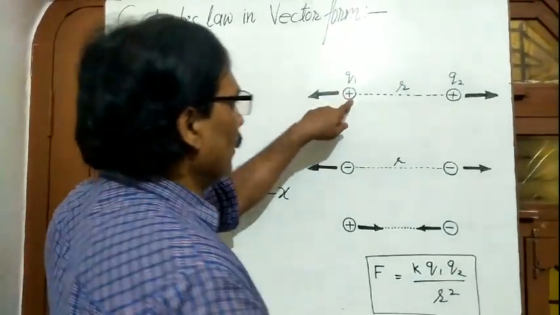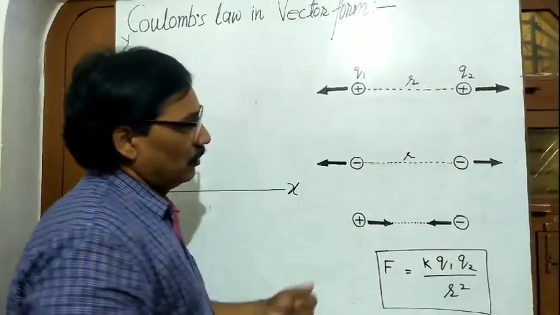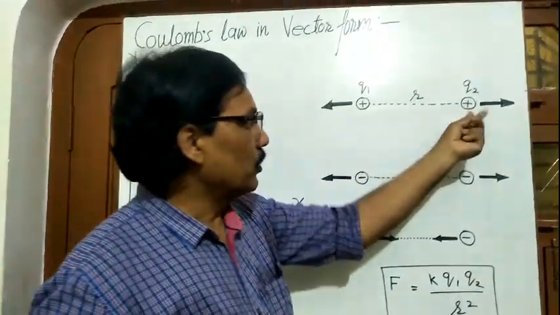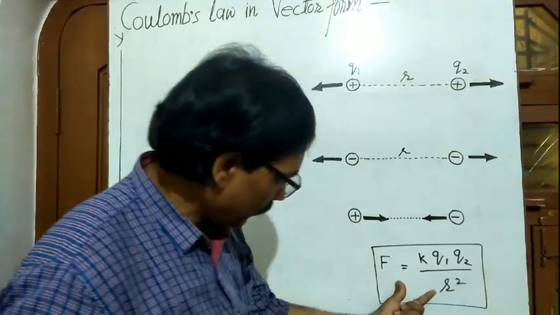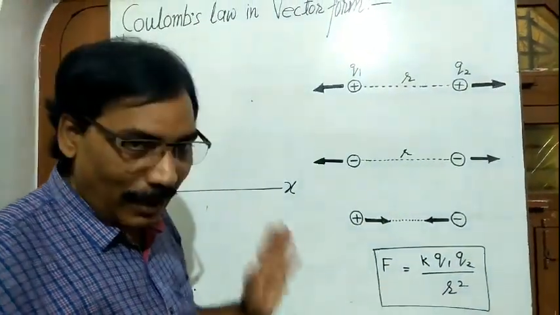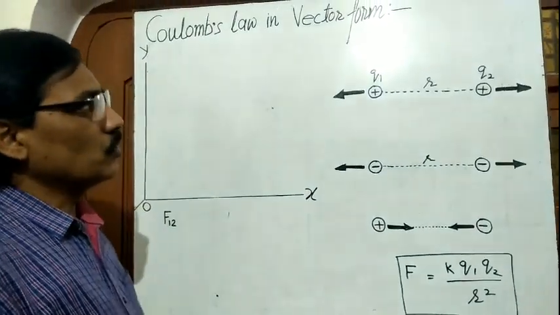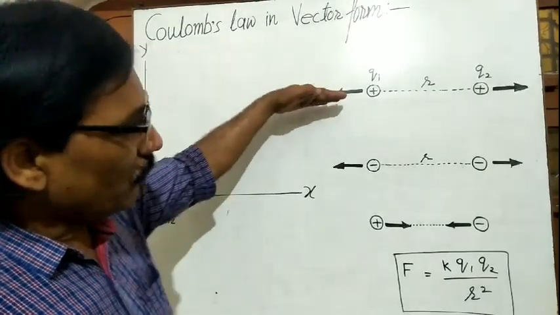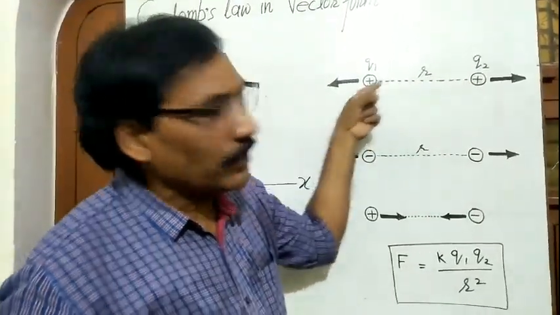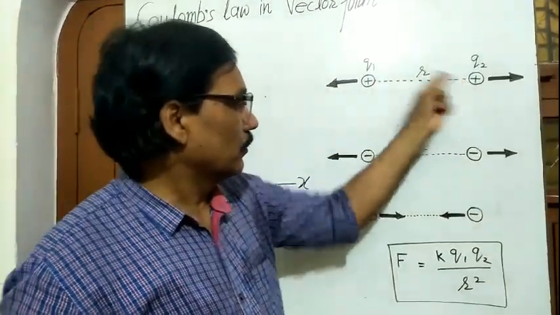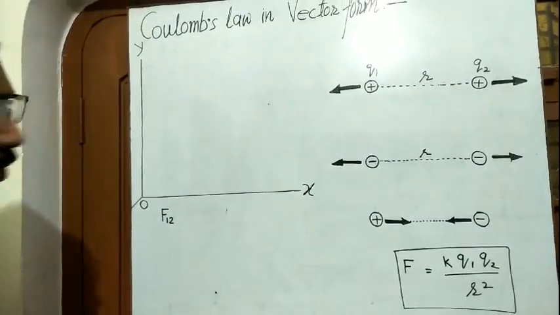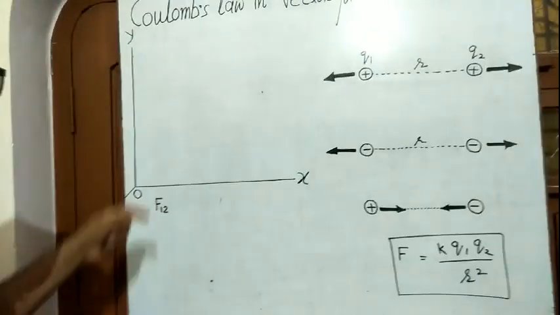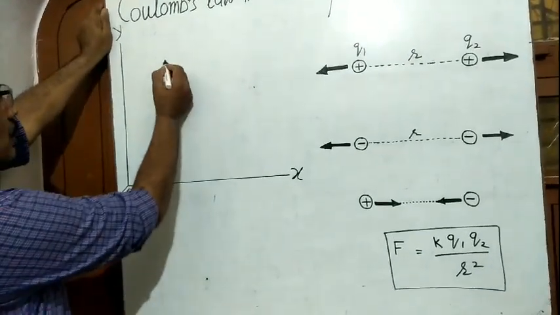The force acting on this charge because of this one is given by this formula. This is the magnitude, we have studied it. Here we want to find the direction of this force also. This force always acts along the line joining the two charges. For this, consider two charges.